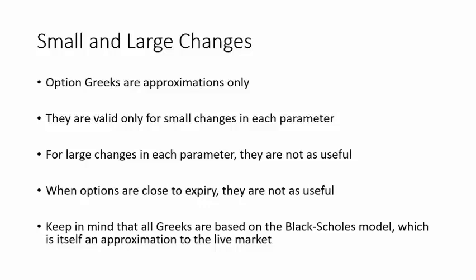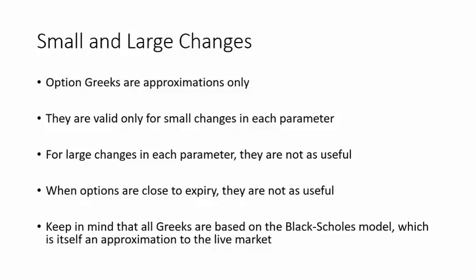So one of the things we do, for example, with the Greeks is delta hedging, right? We might buy a series of options that have a net delta of 0. Now, when the options are very close to expiry, those deltas can change very fast. So even small movements in the stock price can result in big changes in delta, and then you're no longer delta hedged.